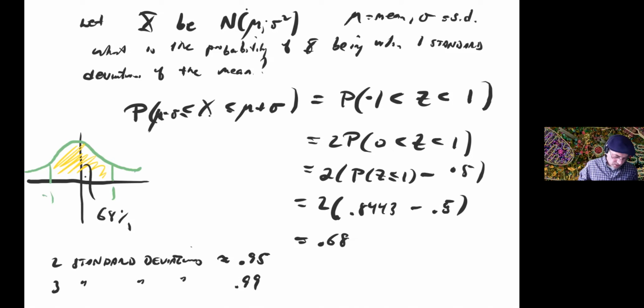So in terms of IQ, for example, 68% of the population has an IQ between 85 and 115. 95% of the population has an IQ between 70 and 130. And 99% of the population has an IQ between 55 and 145.